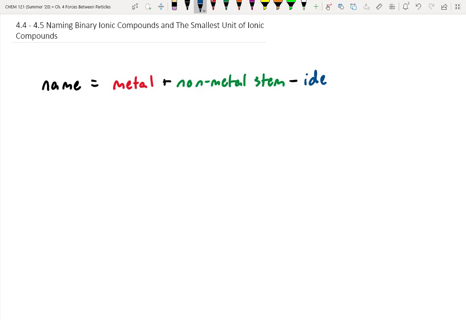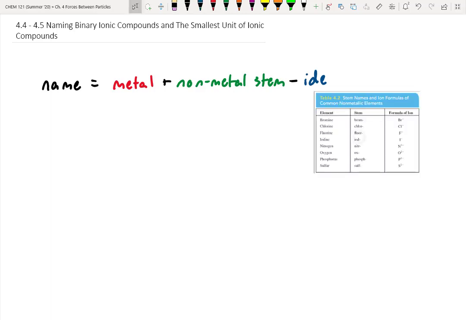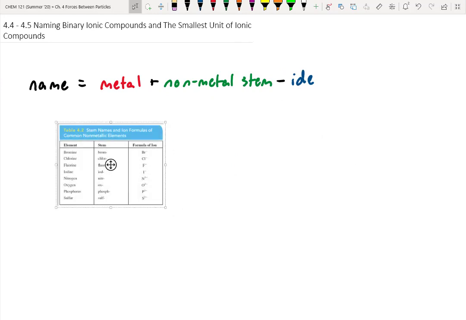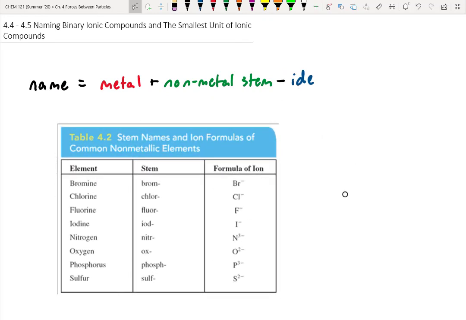All right, so what does the nonmetal stem mean? Well, I've got a good table for you in your book, but it's fairly intuitive once you see it. So let's go ahead and take a look at this table from your book, including the nonmetal stems.